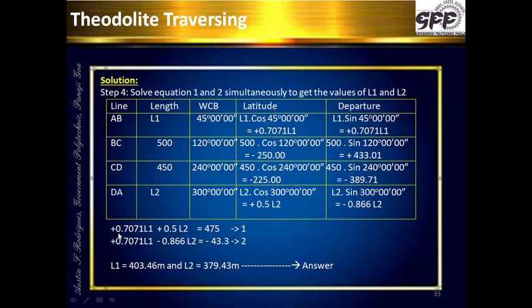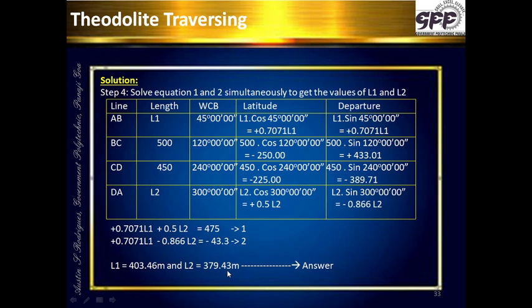So we put them as plus 0.7071 L1 plus 0.5 L2 is equal to 475, and plus 0.7071 L1 minus 0.866 L2 is equal to minus 43.3. If we change the signs over here, make this minus and this plus, then this will get cancelled. This can be solved, and we will have only one unknown, that is L2.